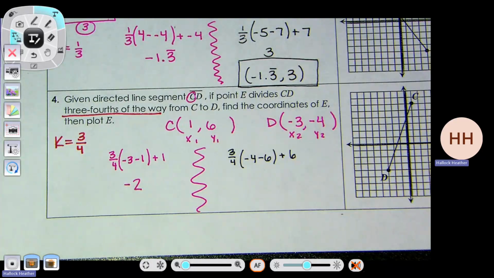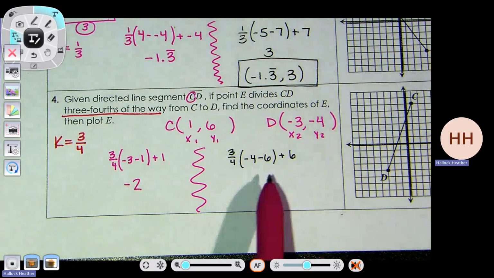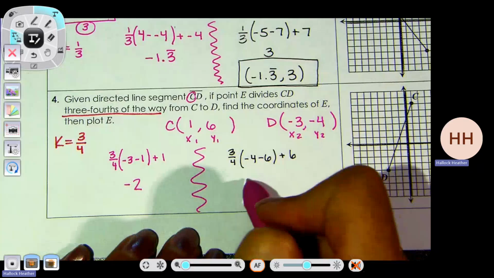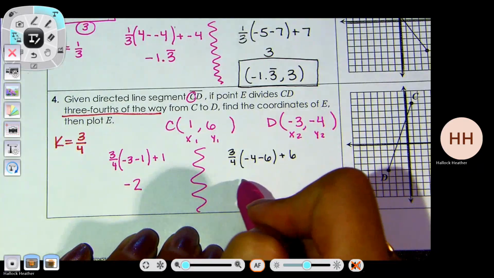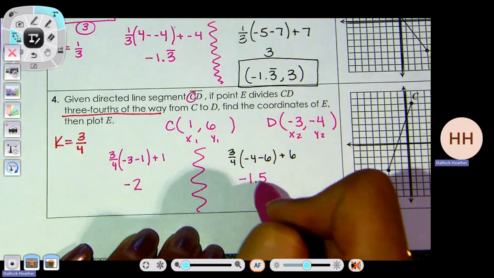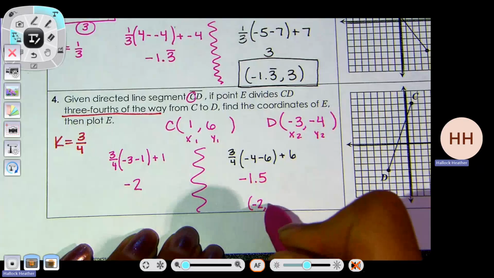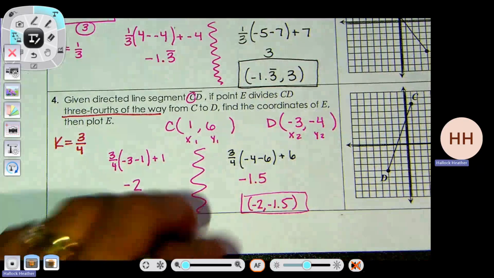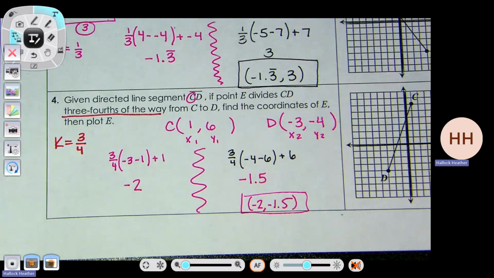Did you find your mistake or no? Good, okay. And then over here, if you plug this one into Desmos, it's going to pop out the answer. How much is this? This one's a decimal. -1.5. So it's -2, comma, -1.5. Those are the only ones that have decimals that you're gonna do. So that's why I figured we'd do them together, so that way you don't have any decimals.